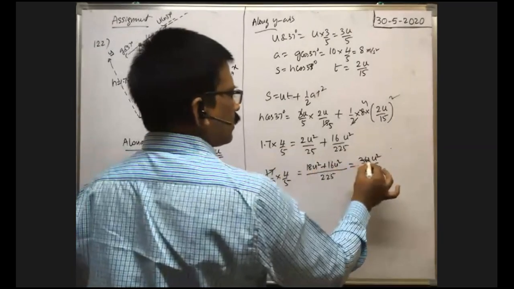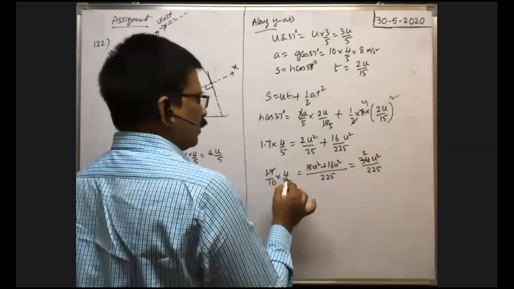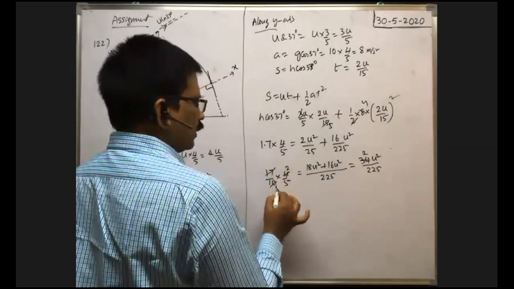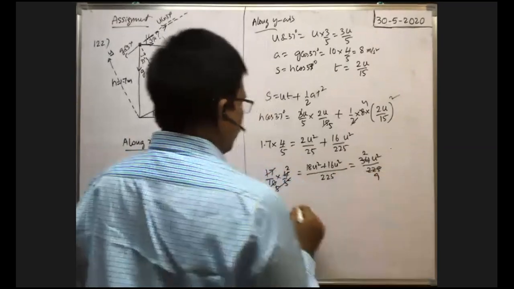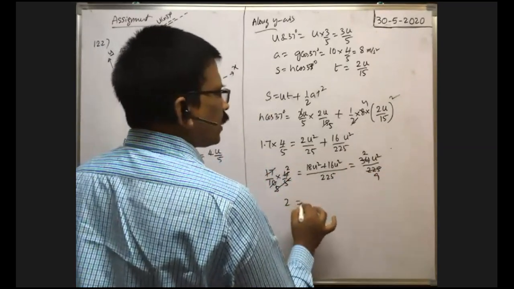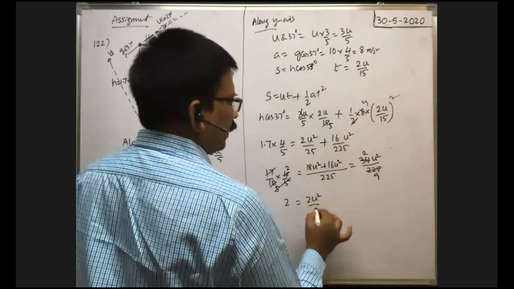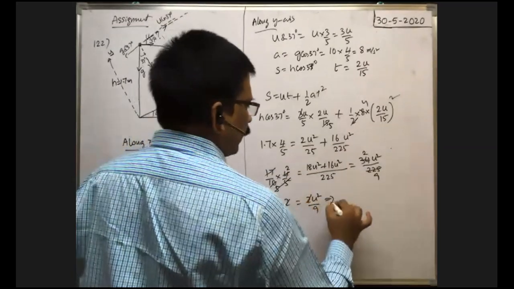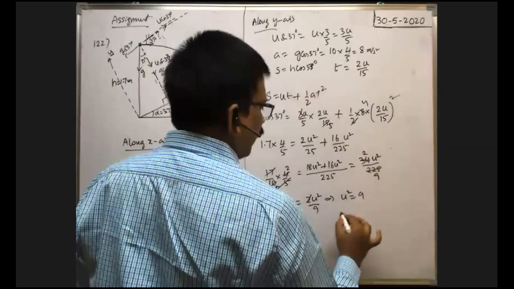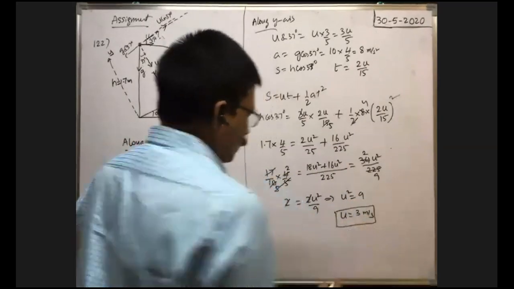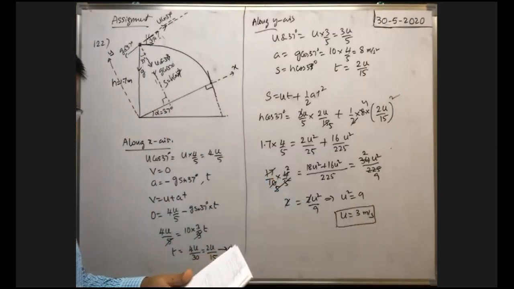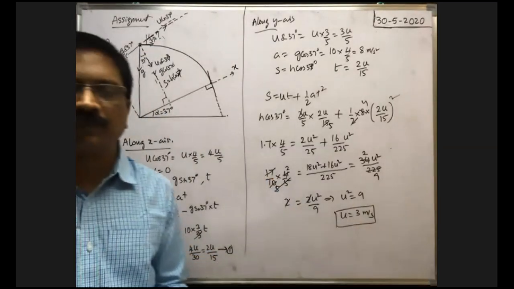Therefore 2 is equal to 2u square by 9, 2 to cancel, implies u square is equal to 9, or u is equal to 3 meter per second. So the velocity of projection is 3 meter per second. That is the answer.